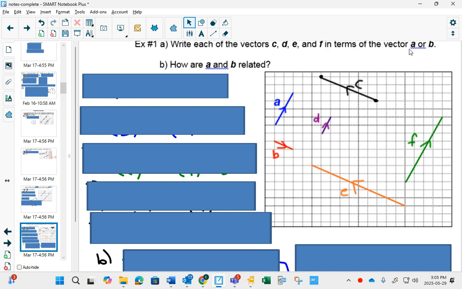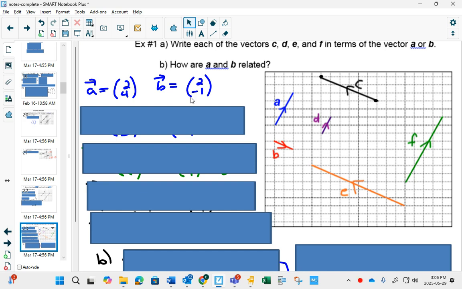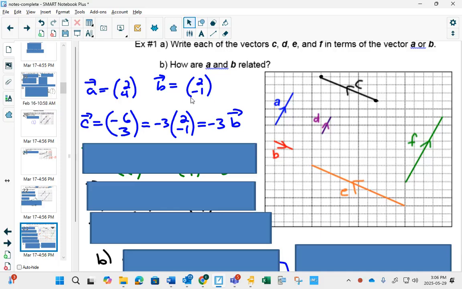So write each of these vectors in terms of A or B. How are A and B related? So there's A, and there is B. And if we would look at C, which is negative 6 comma 3, I'm going to take A, I'm going to draw over top of it in a green arrow.